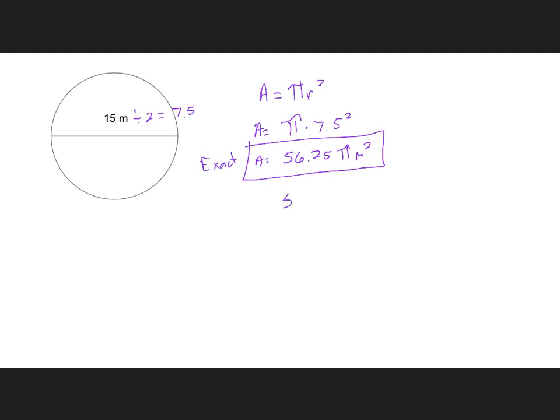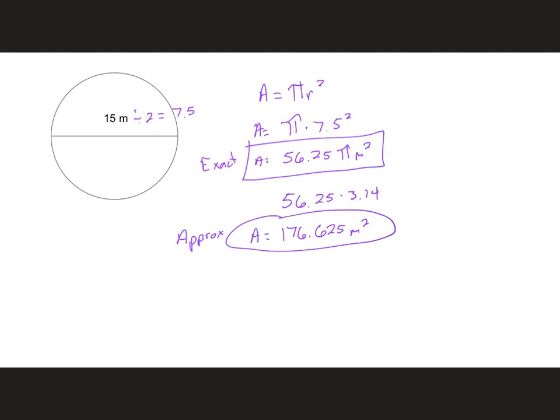For our approximate, we take 56.25 times 3.14, which brings us to 176.625 meters squared. So again, that is our approximate.